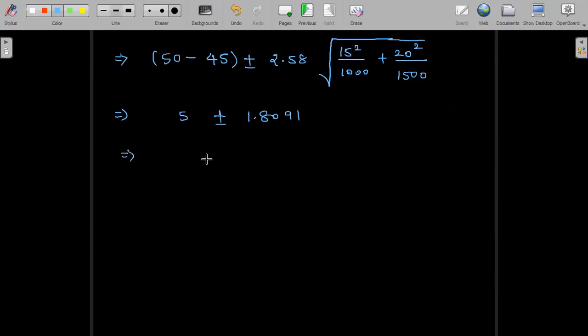So one with the minus sign, the other one with the plus sign. We usually take the lower bound to upper bound. So with the minus sign, we get 3.1909 to 6.8091. So 99% confidence limits are 319% to 681% approximately.